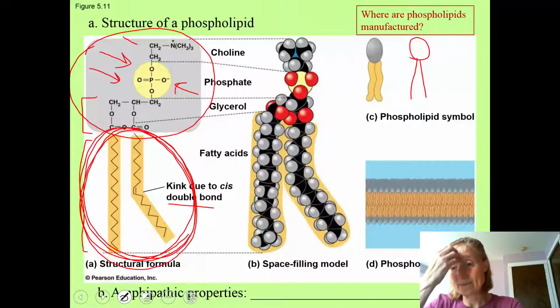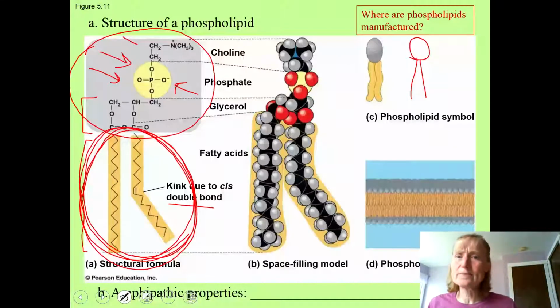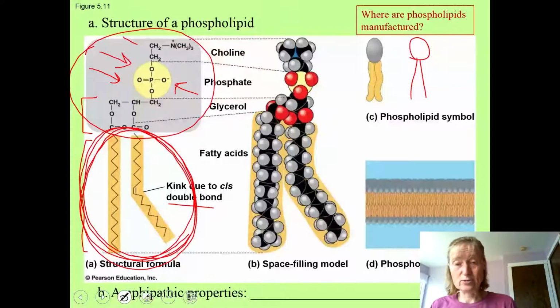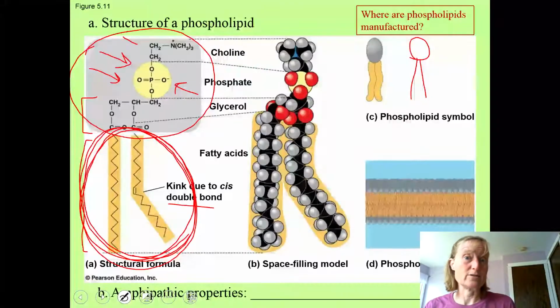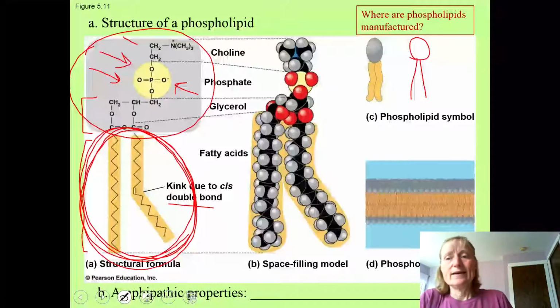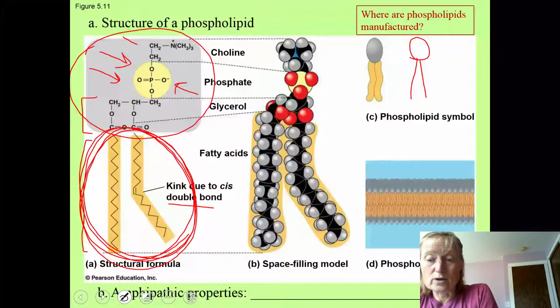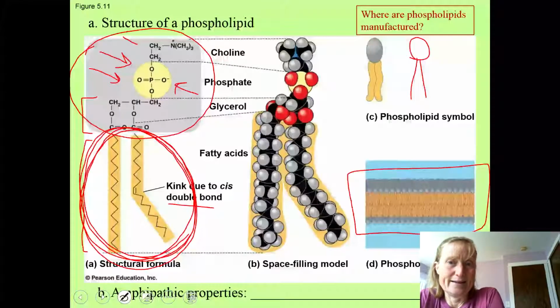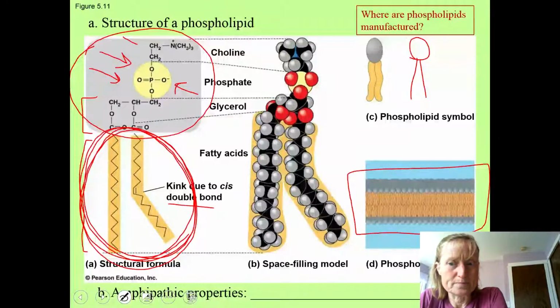Where do we find them? Their main job is to be a part of biological membranes that are found around cells and in cells around organelles like the nucleus and the Golgi and the endoplasmic reticulum, etc. They compose what are called a phospholipid bilayer, and that's what makes up the bulk of a membrane.